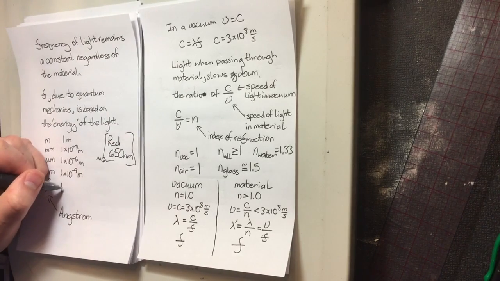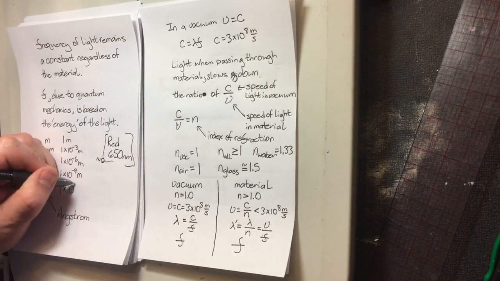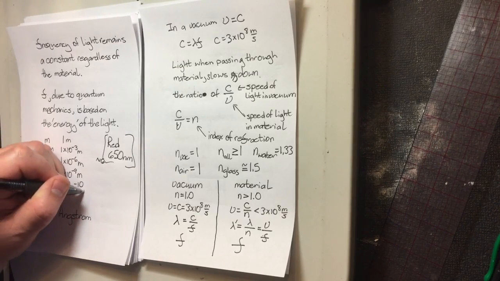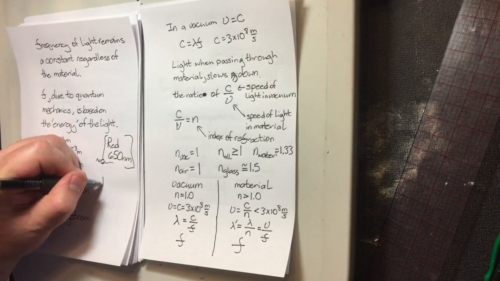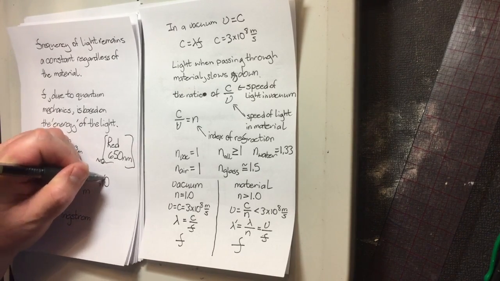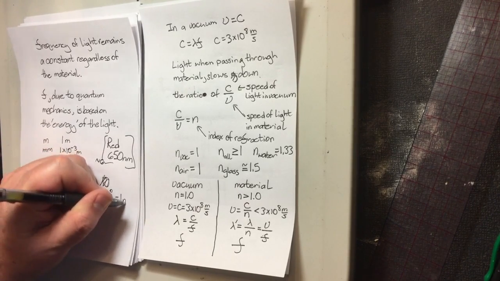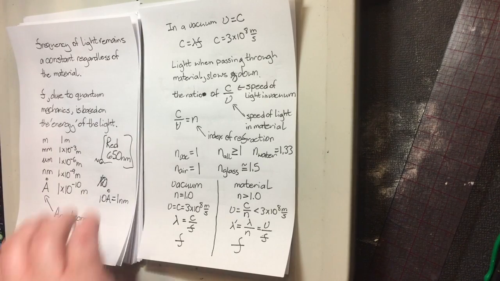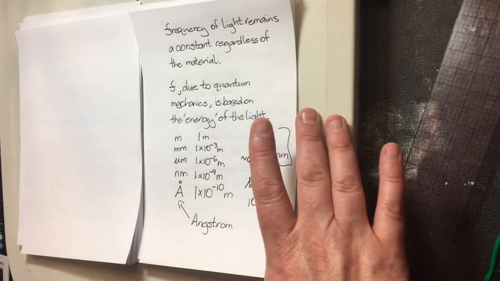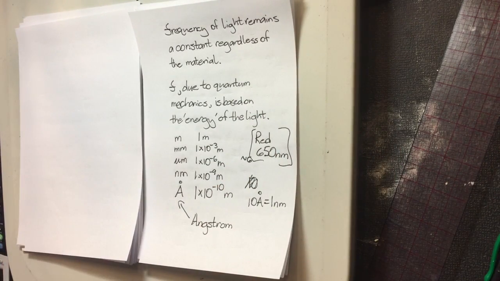An angstrom is 1 times 10 to the negative 10th meter, or 10 angstroms is equal to 1 nanometer. And when you're down in the range of optics and atomic physics, angstroms become kind of important.